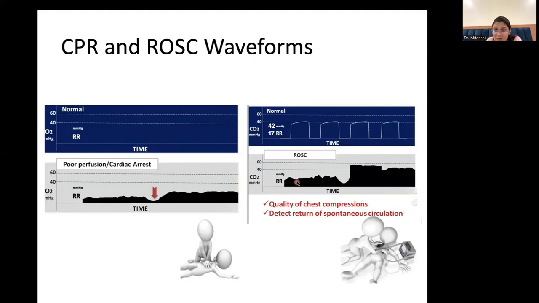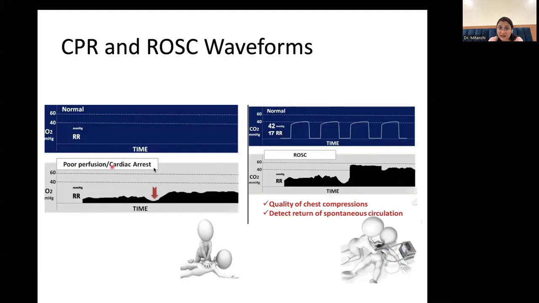Do you see? My patient was not breathing, and after adequate CPR, my patient started breathing, and this is known by my EtCO2 waveform. So poor perfusion and cardiac arrest will also be seen by my EtCO2 waveform.